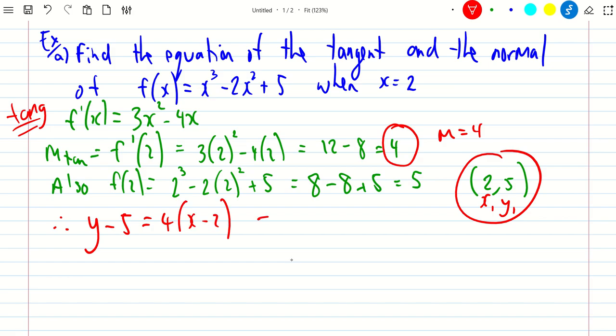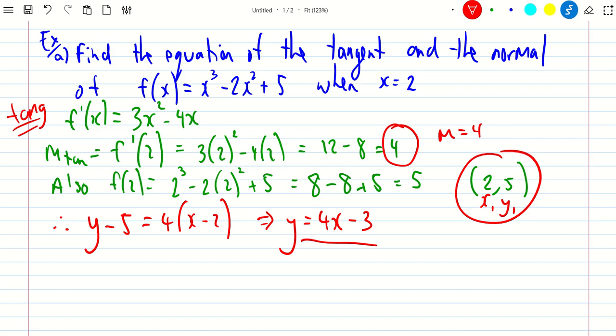Just to sort this out a little bit, y is equal to 4x take away 8, minus 8 plus 5, so that's going to be minus 3. So y = 4x - 3 is the equation of the tangent there, okay? That's done.